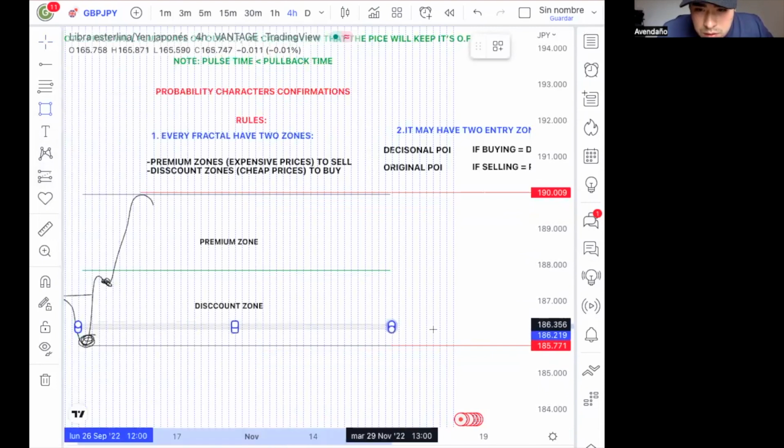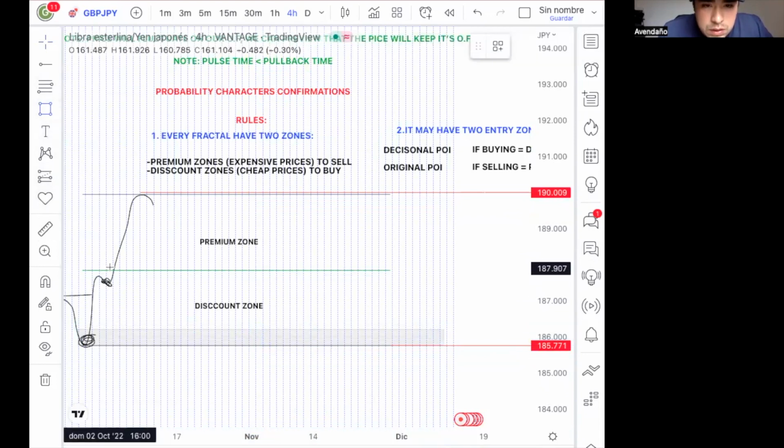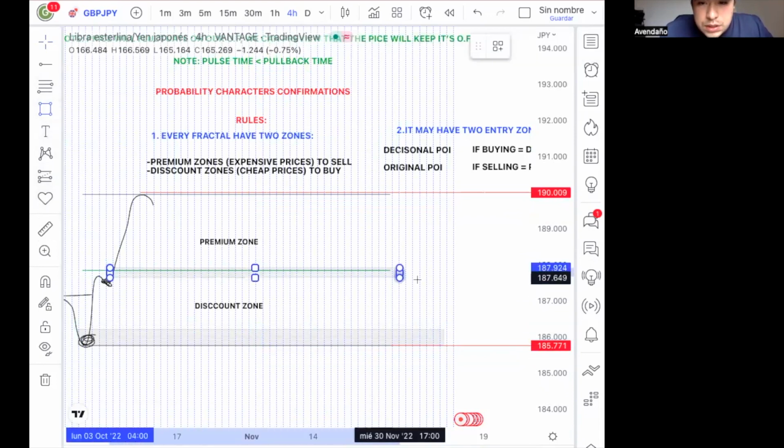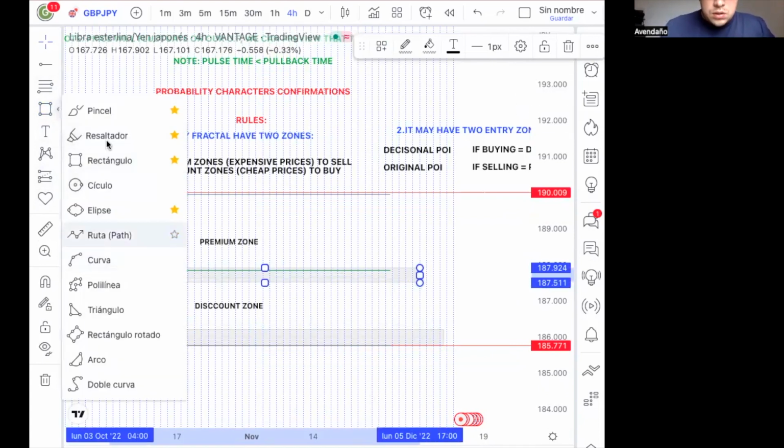If those ones are our interest zones, it might be difficult for the price to get there. So we may be able to see something like this.